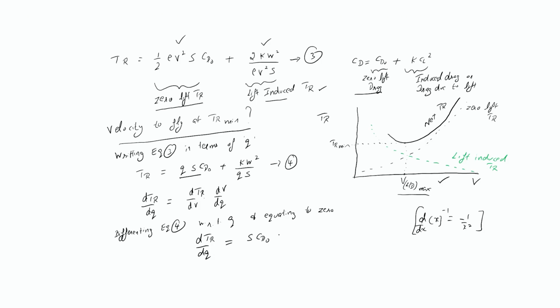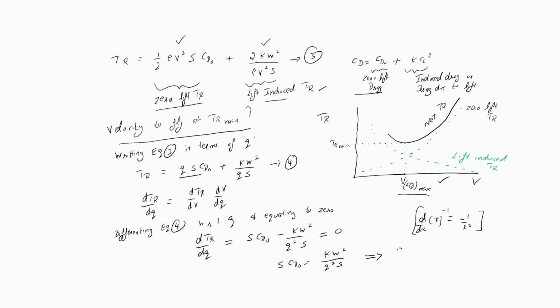So S CD naught minus k W square upon q square S equals to 0. So you can write here S CD naught equals k W square upon q square S.